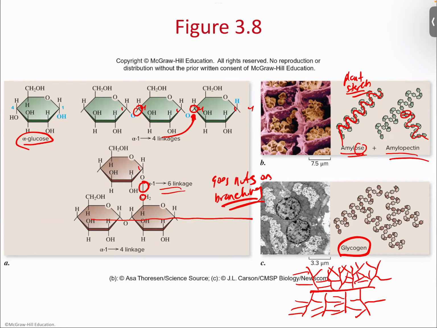And I'm going to start adding side chains to the side chains to the side chains to the side chains. Get the idea?